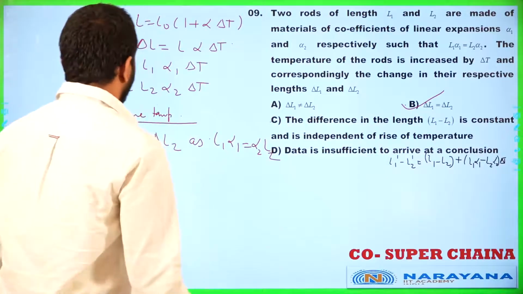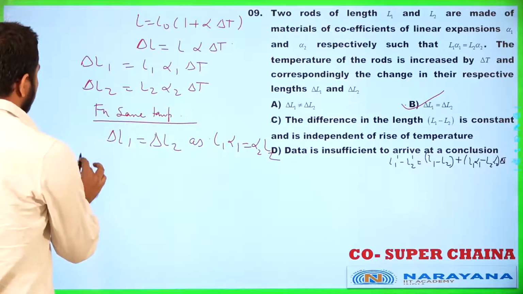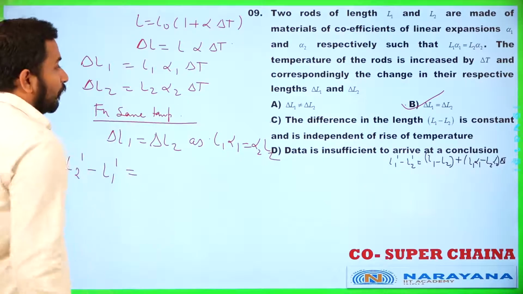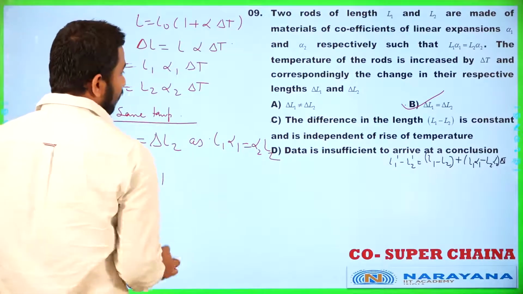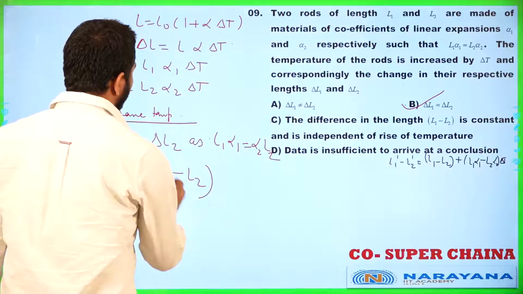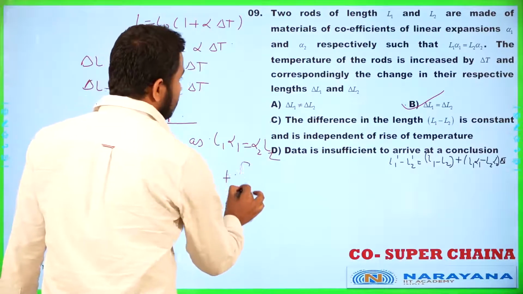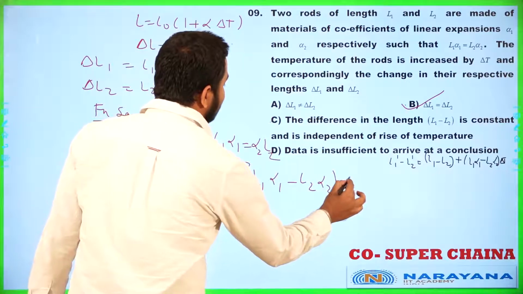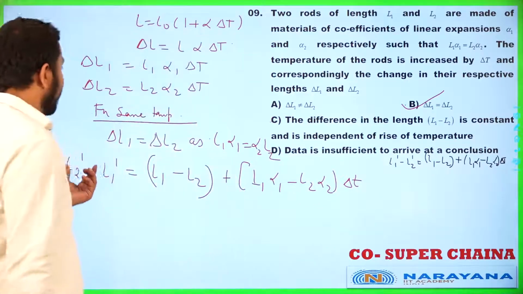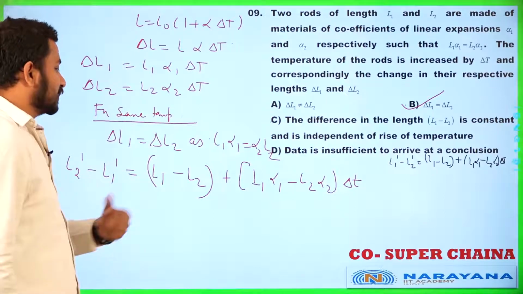Now let's check the change L2 dash minus L1 dash. I can write L1 minus L2 plus (L1 alpha 1 minus L2 alpha 2) delta T. From the given expression we have just simplified this.